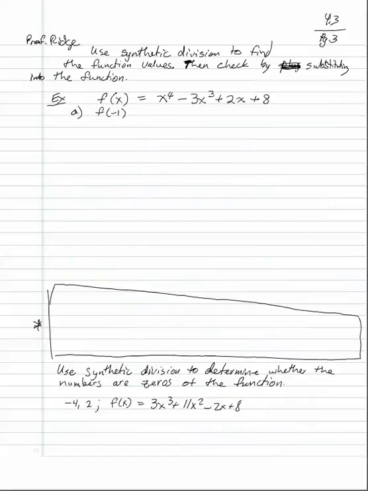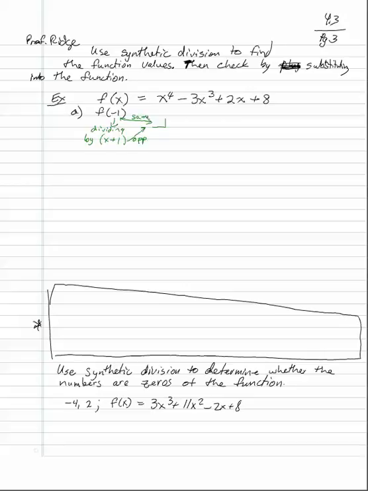Okay, so let's use synthetic division to find the function values, then check by substituting into the function, by plugging it into the function. Okay, so now note, if it's written this way, we're dividing by x plus 1, so that's changed from there, but what we put in here for synthetic division is the same, because those are opposites.